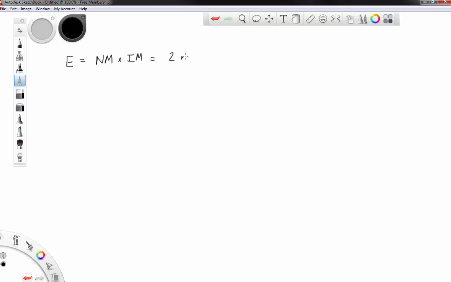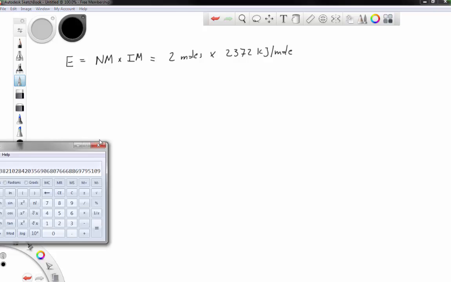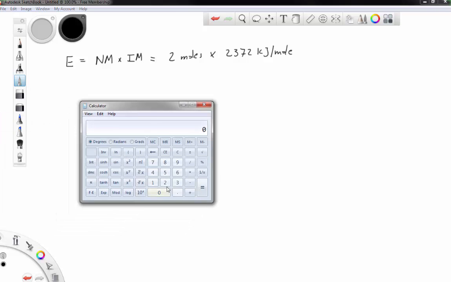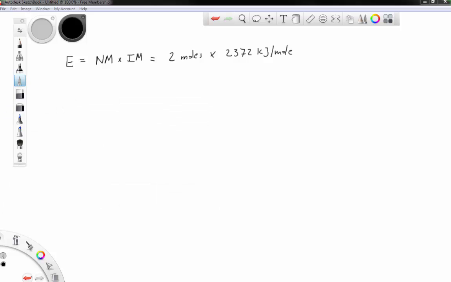So if we had 2 moles times 2,372 kilojoules per mole, let's see what we get for that. 2 times 2,372 gives us 4,744.